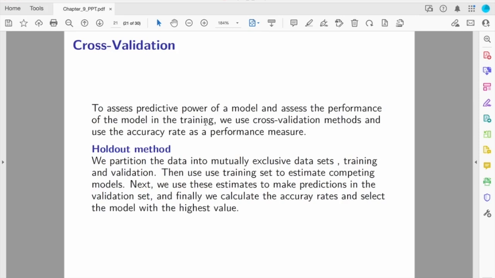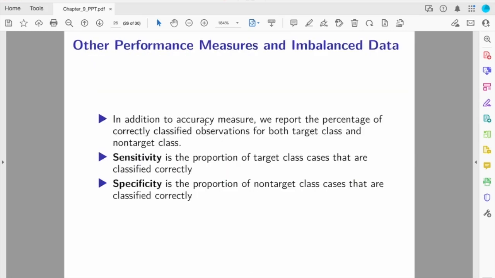Also, we're going to use something called sensitivity and specificity. So we have 3 performance measures: accuracy rate, specificity, and sensitivity. And we are going to use the predictive power using the cross-validation techniques, the ones that we learned. The accuracy rate reports the percentage of correctly classified observations for both the target class and the non-target class.